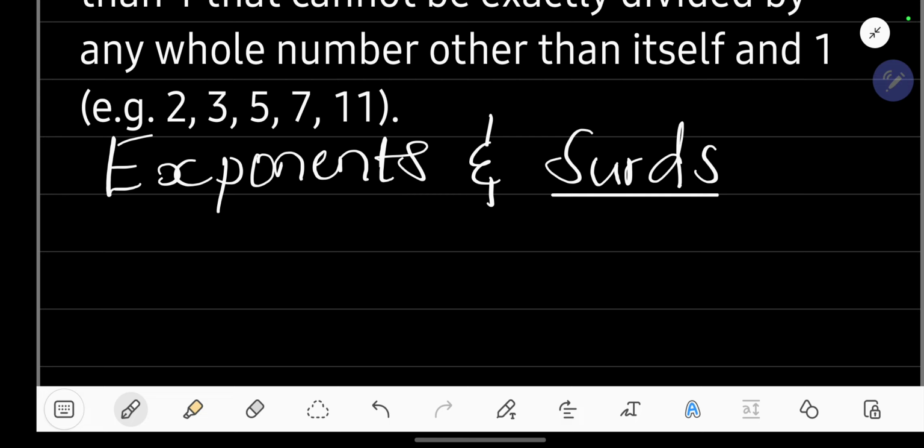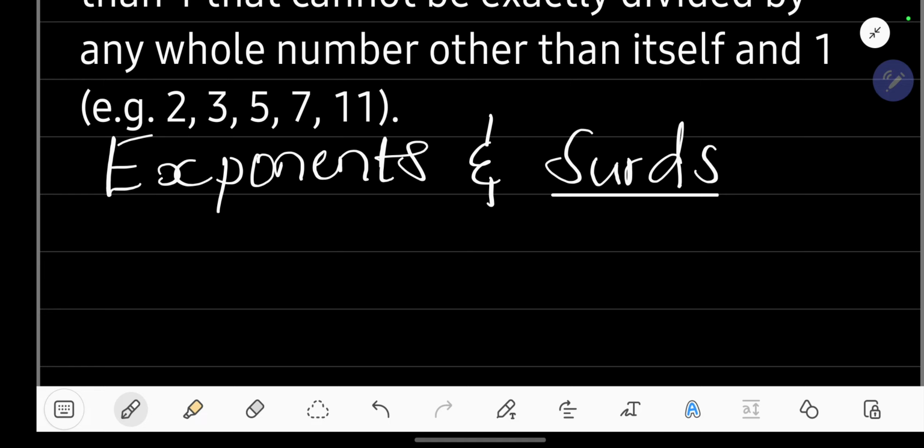One can ask themselves a question: why are we learning prime numbers? Why are we learning things that we learned long ago? It's because when you are dealing with exponents, it is my advice that you make sure all your bases are prime numbers.